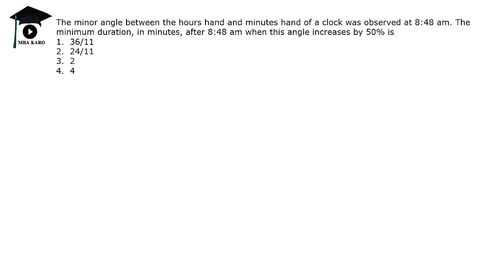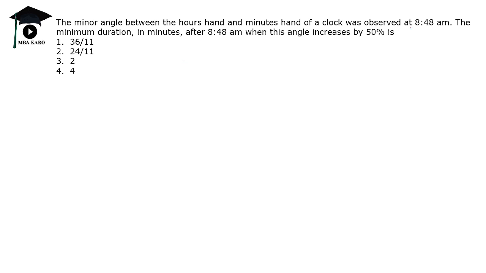Next question. The minor angle between the hour hand and the minute hand of a clock was observed at 8:48 am. The minimum duration in minutes after 8:48 am when this angle increases by 50% is? This was a rare question asked on clocks, which had not been asked for quite a good duration of time.